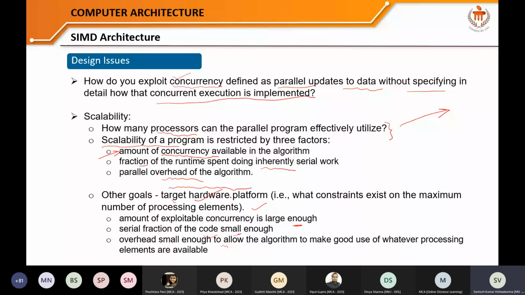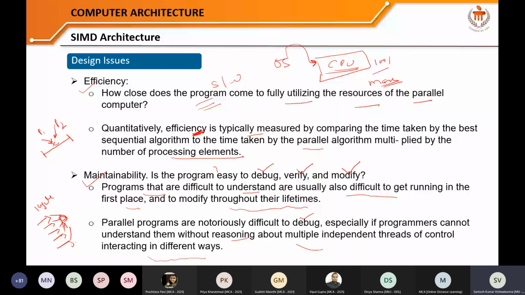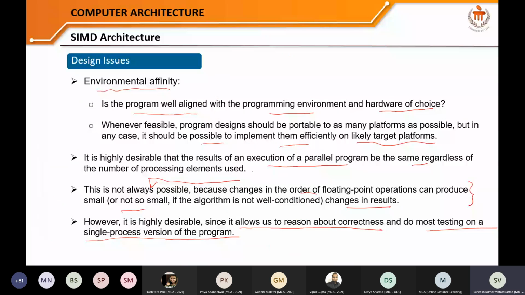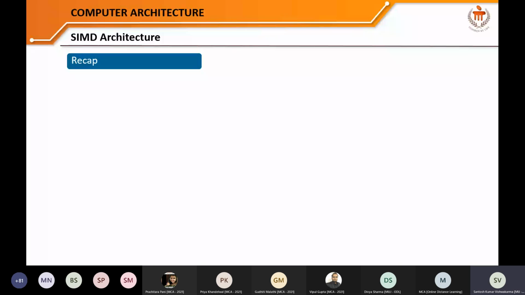We have talked about the code fractions issues, the code concurrency, and how the algorithm can be effectively utilized. Then we have discussed efficiency, a very important part. Next is maintainability, and next is environment affinity.